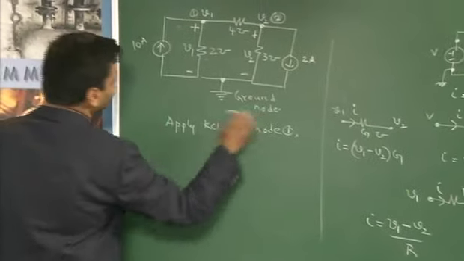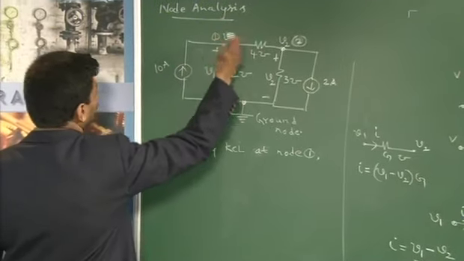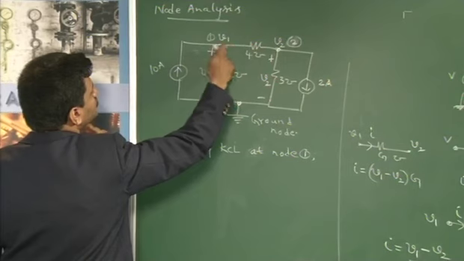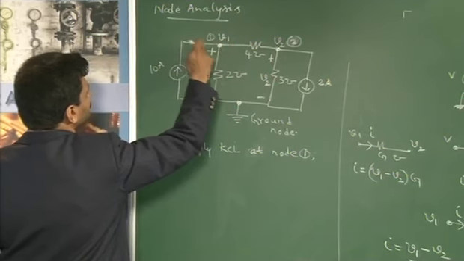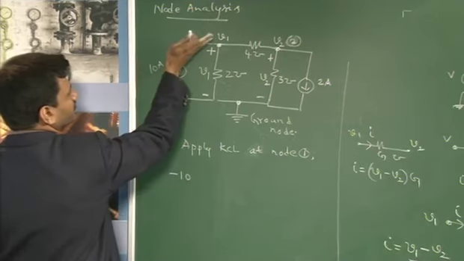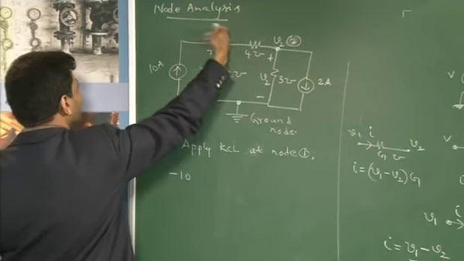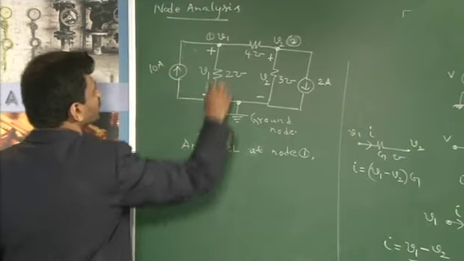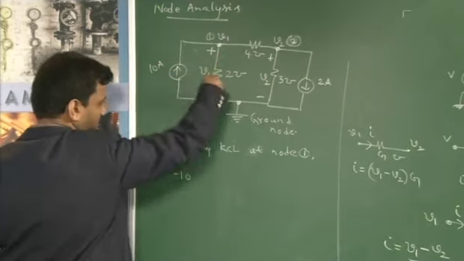So, apply KCL at node 1. We are considering the leaving currents. What is the current that comes out of this node in this direction? Minus 10, because if 10 amperes flow in this direction, it also means that minus 10 ampere is flowing in this direction. Next, we need to consider the leaving current moving in this direction.